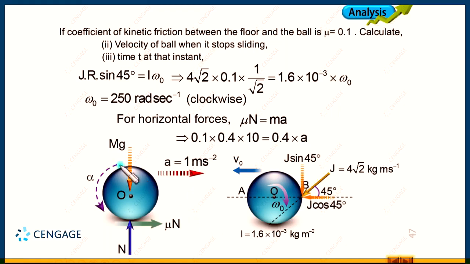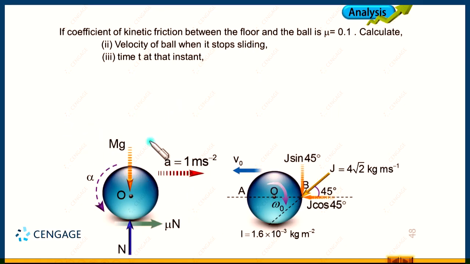So for calculating alpha, we need to apply the torque equation about O. That means mg and normal reaction will not provide any torque, and the torque of mu multiplied by n, that is mu n multiplied by r in the anti-clockwise sense, should be equal to I alpha.